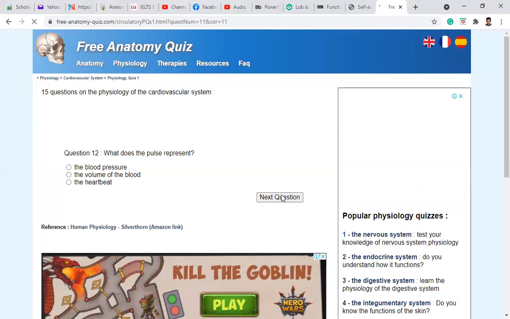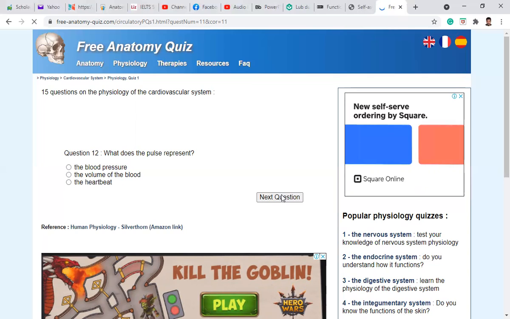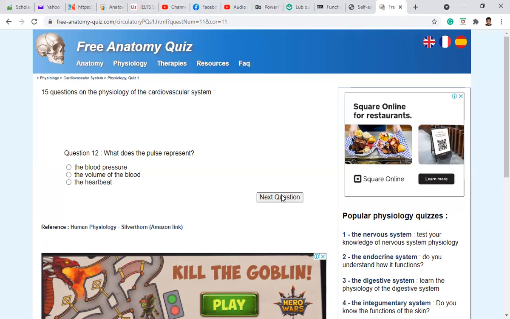Sorry, what was that question? Which of these is not a function of the heart? Okay. What does pulse represent? The blood pressure, the volume of the blood. Okay, the heartbeat. But I'll teach you this later.